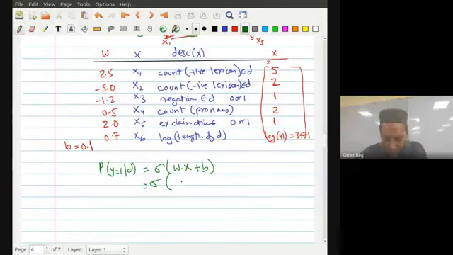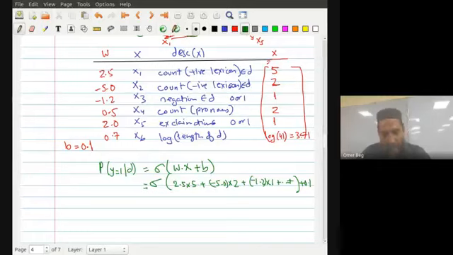That would be the sigmoid of 2.5 multiplied by 5, plus minus 5.0 multiplied by 2, plus minus 1.2 multiplied by 1, and all the way to 0.7 multiplied by 3.71, plus 0.1, so b multiplied by 1.